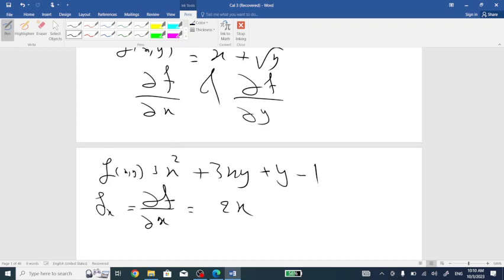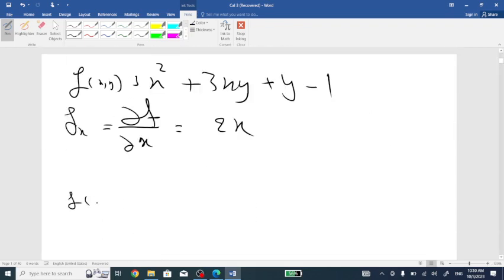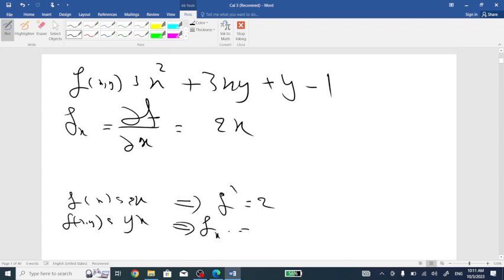Before we solve this example, if you have, for example, f of x equal to 2x, you say f prime equal to 2, right? But in f of xy, if you have yx and I say find fx, you say it is equal to y.